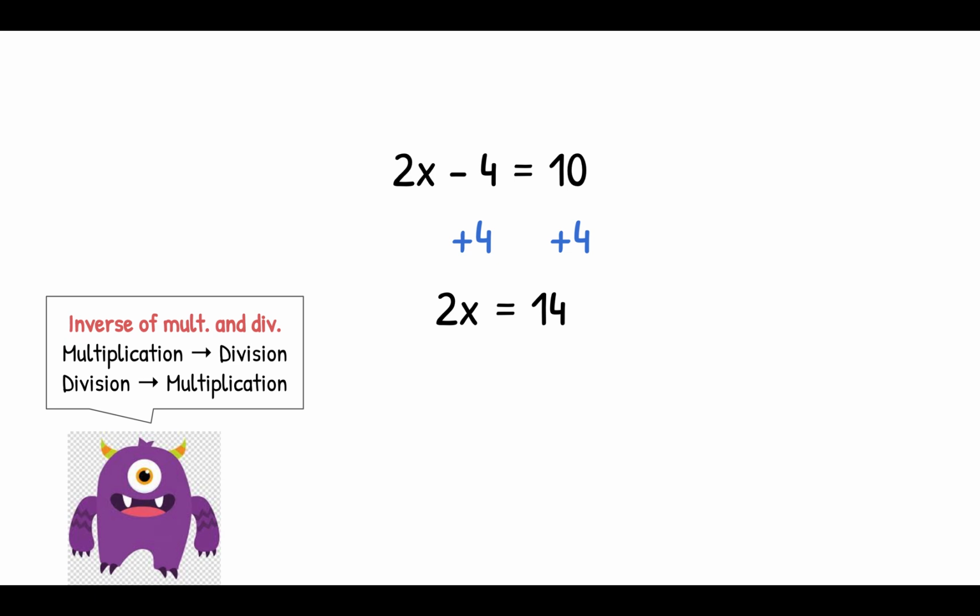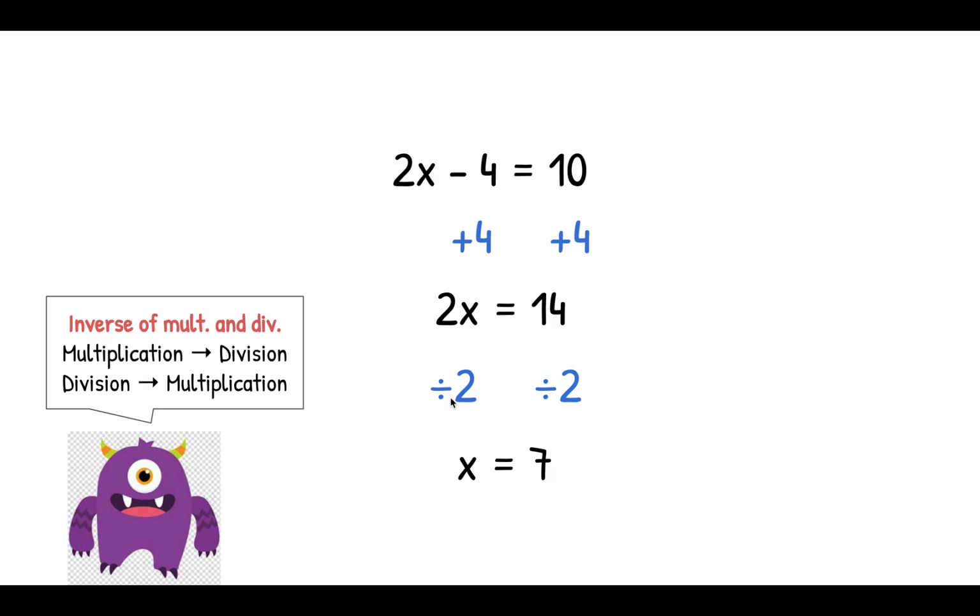Because if you have something multiplied by a number and then you divide it by that number, that's going to be equal to the number itself. So once you divide 2 to both sides, remember it needs to be to both sides, you're going to get x is equal to 7, because 14 divided by 2 is 7.